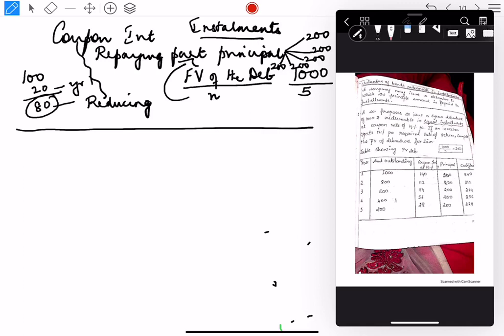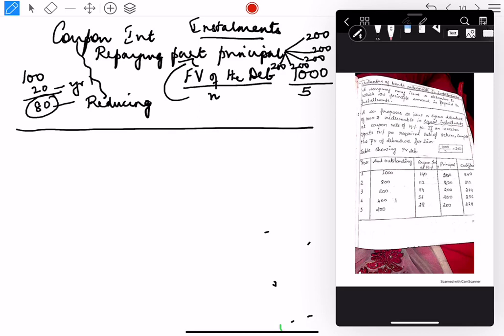Let me rephrase that: 140 rupees is paid at the end of year 1 as interest on 1000 rupees, and 200 rupees part principal is also repaid. So the total cash flow reaching the investor from the company at the end of year 1 is 200 plus 140, which is 340.